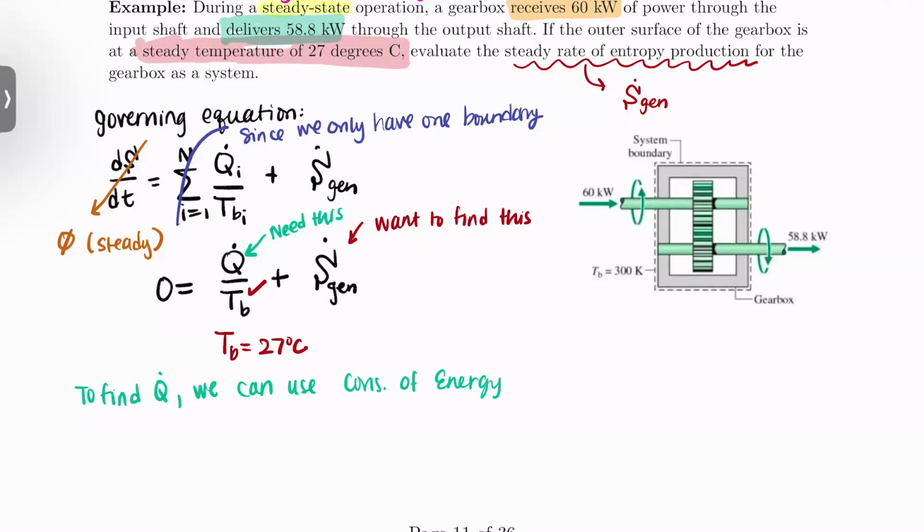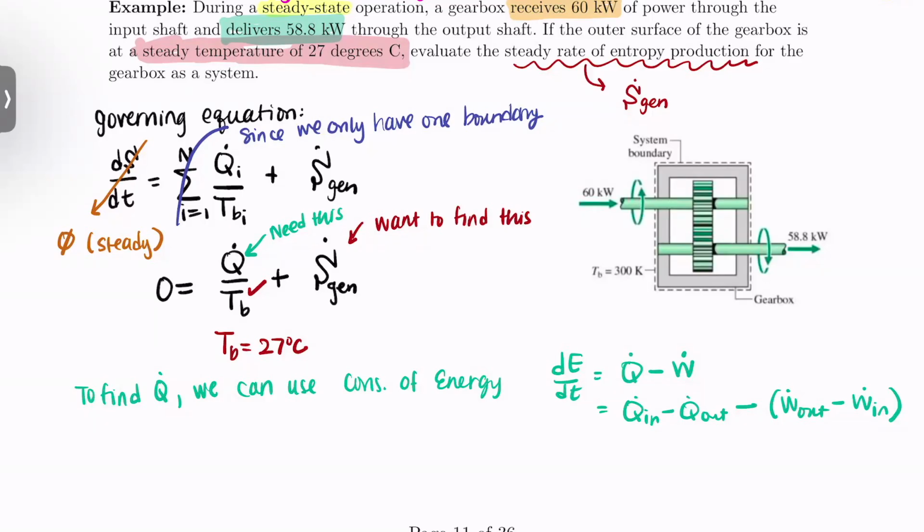And if you remember, conservation of energy looks like this: dE/dt equals Q dot minus W dot, where Q dot is Q dot in minus Q dot out, and W dot is W dot out minus W dot in.